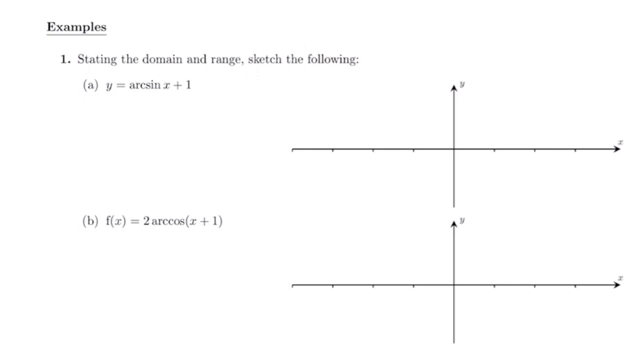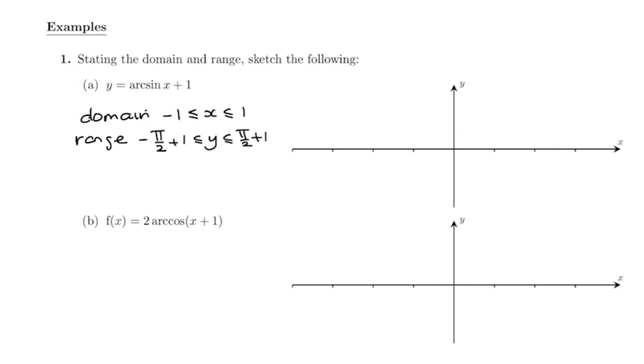So we're going to start with the domain. And remember, because we are translating in the y direction, the x's don't change. So we're going to have a domain of negative 1 less than or equal to x less than or equal to 1. But the range, we will add 1 to it. So the range becomes negative pi over 2 plus 1 is less than or equal to y, which is less than or equal to pi over 2 plus 1.